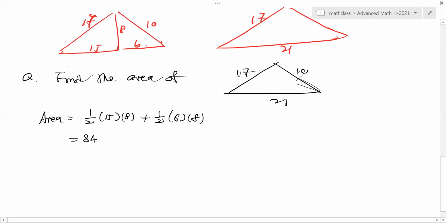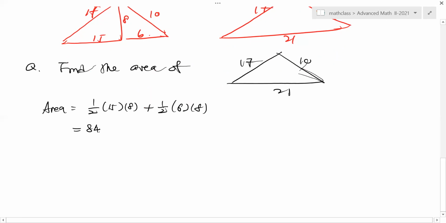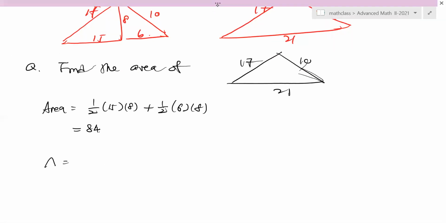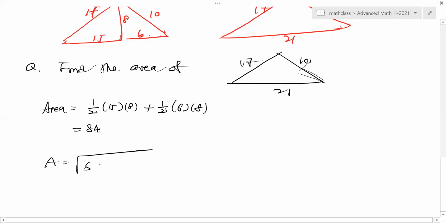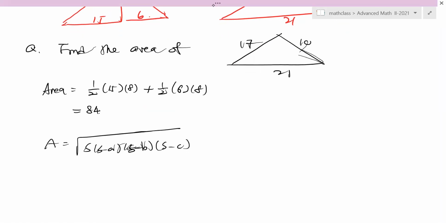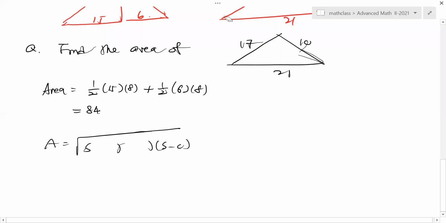Now if you do not see this consists of two right triangles, then you can use Heron's formula. Heron's formula: the area is going to be the square root of S times S minus A, S minus B, S minus C. Then the computation is a little bit complicated, right?